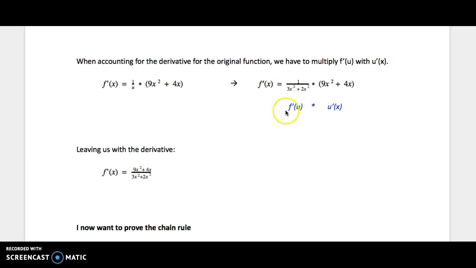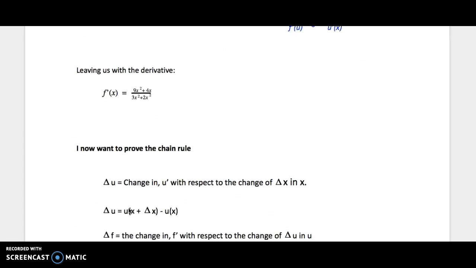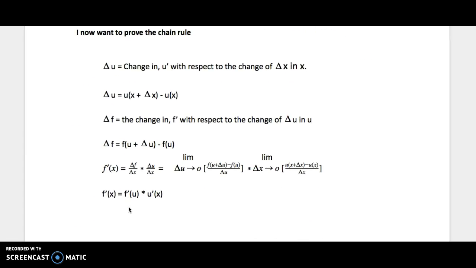This here is my f prime of u, and this over here is my u prime of x. This leaves us with the derivative f prime of x equals 9x squared plus 4x over 3x cubed plus 2x squared. So now I want to prove the chain rule.